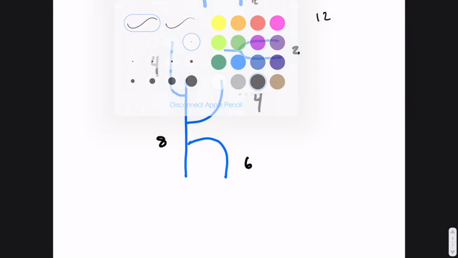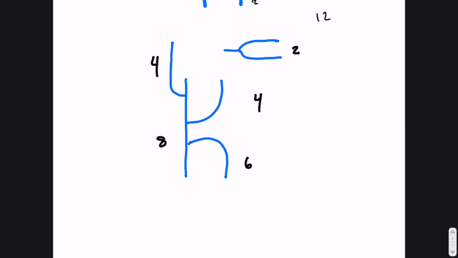Okay, so what we need to know is this is headed to the left brachiocephalic vein. So that left superior intercostal goes into the left brachiocephalic vein.